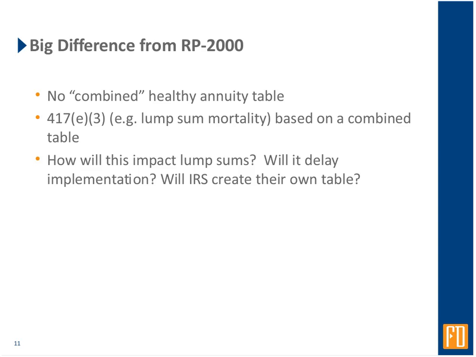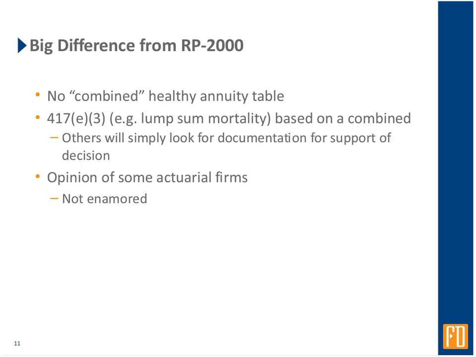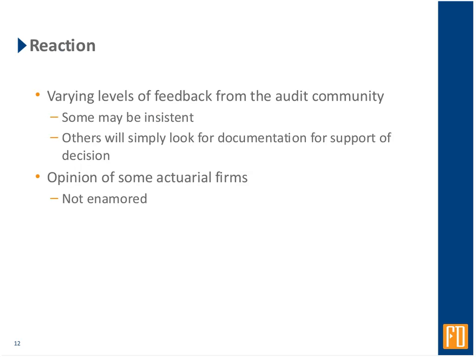So the fact that the Society didn't automatically provide that table may delay the implementation as well, which is why generally I think most actuaries expect that implementation to happen in 2017 and not 2016, due to the effort involved in getting out in front of that issue.